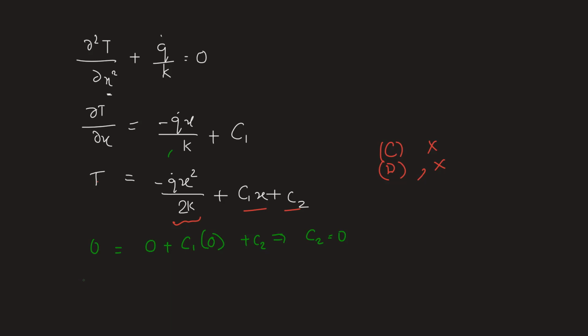Also at x equal to L, T is 100. So it is 100 degrees Celsius is equal to minus Q dot L square upon 2K plus C1 into L. C2 is already 0.